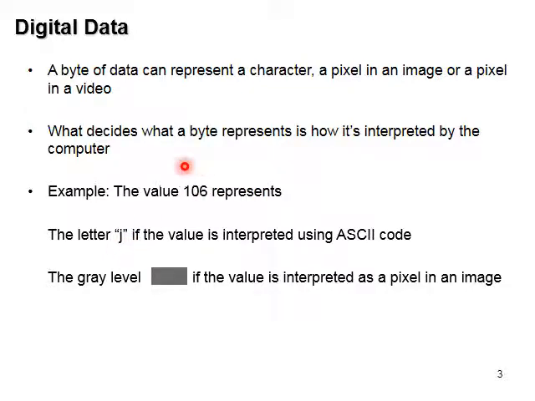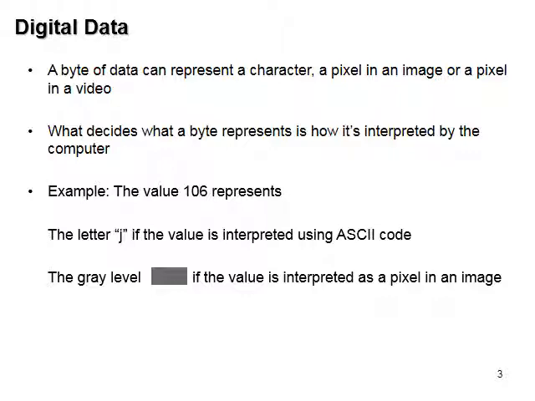However, 106 could represent a pixel in a grayscale image, which means that this image doesn't have color, it only has gray levels from black to white. One more thing, and we will talk about this later on in more detail, but when we talk about grayscale images, the number 0 always represents black color.